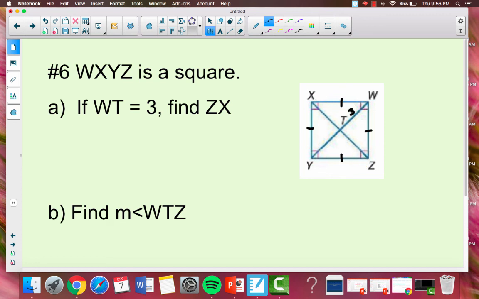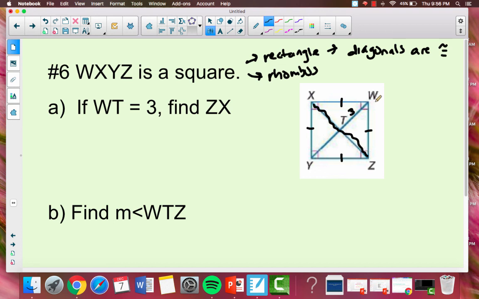Well, ZX is the whole diagonal. Remember, a square is made up of a rectangle and a rhombus, so anything that applies to either of these shapes applies to this. In a rectangle, we learned the diagonals are congruent.